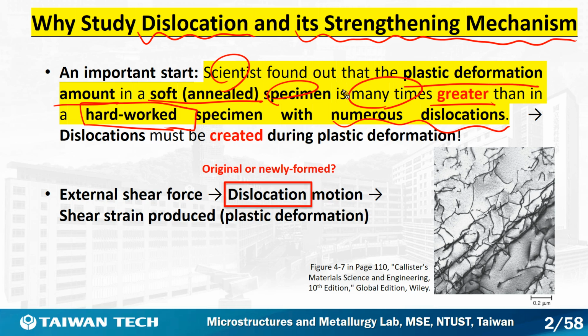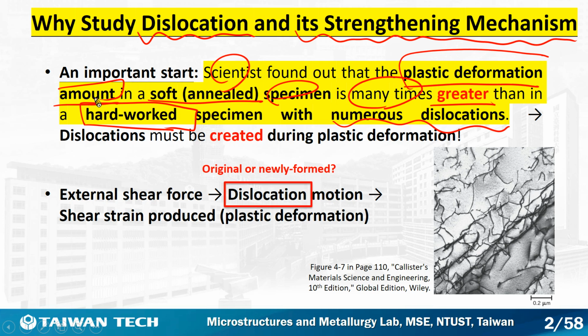So with the annealed specimens, the dislocation density will decrease, and the results will find out that the plastic deformation amount, this is similar to the concept of ductility.